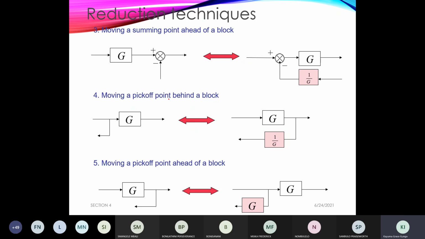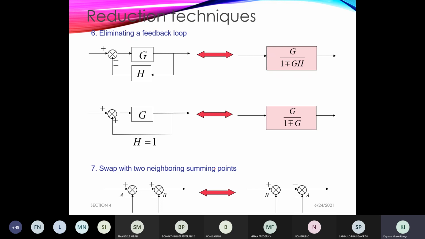Moving the pick off points beyond the block, this is what you were supposed to do. Moving the pick off point ahead of the block, this is what we're supposed to do. And this is when you want to eliminate the feedback. You know already what to do. You have seen it before. When you want to eliminate the unity feedback, this is how your function is going to look.